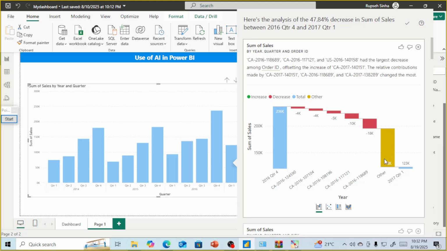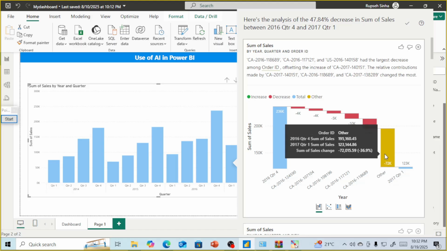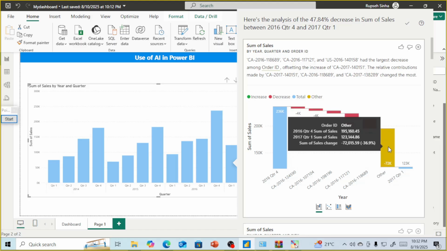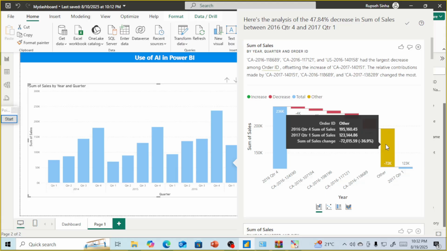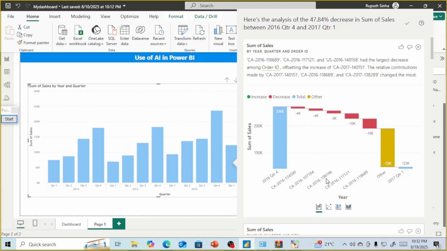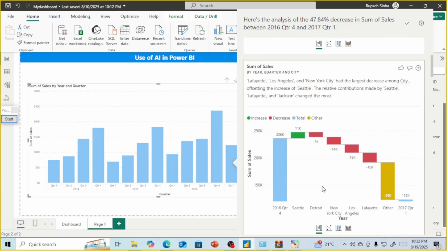So here due to this other we are getting 72,000 less sales. And what is that order ID? It is giving details that it has the largest decrease. So in the US these three orders have changed, and that is the reason our sales have decreased drastically.